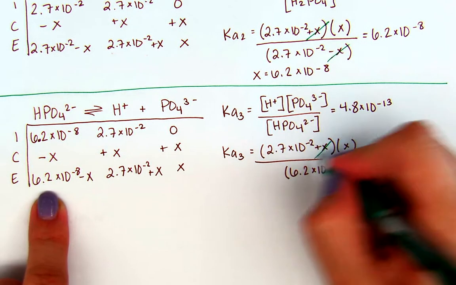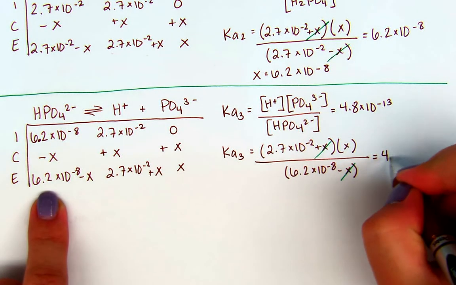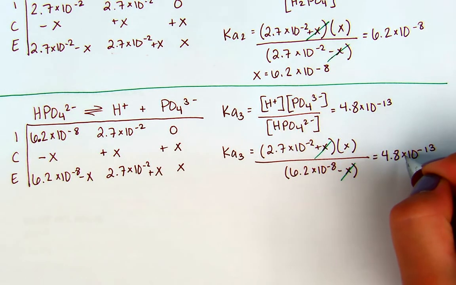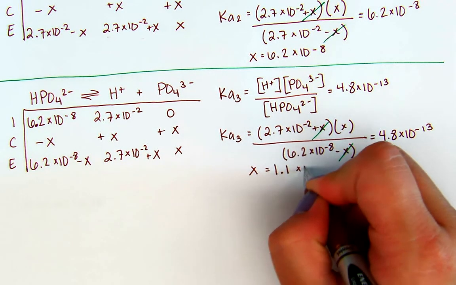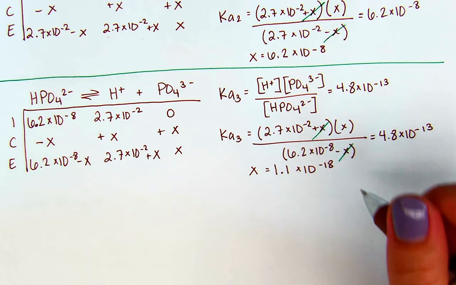Alright, so these X's we're going to assume are very small. And that's going to be equal to 4.8 times 10 to the negative 13, just bringing down that Ka3 here. When I plug all this into my calculator, I get X equals 1.1 times 10 to the negative 18. And so that's my X.